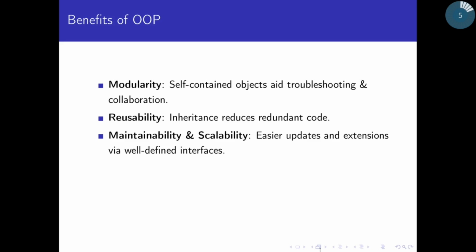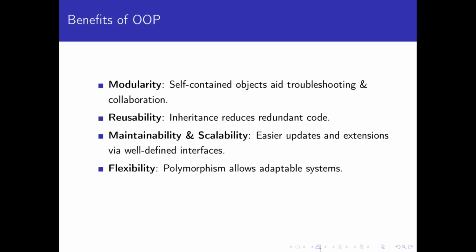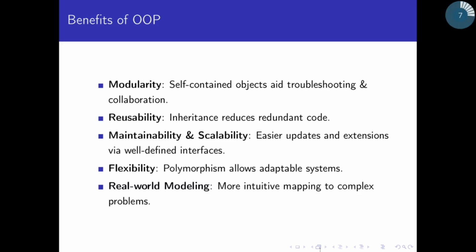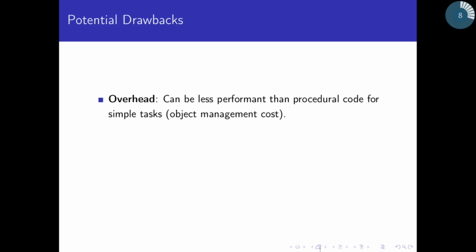We also see maintainability and scalability, for easy updates and well-defined interfaces. Also flexibility: through polymorphism, the system is able to adapt and appear in many forms. There is also real-world modeling. What are the drawbacks that we also face in object-oriented programming?